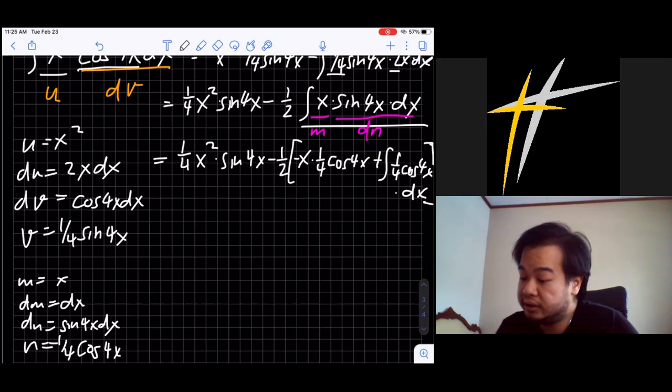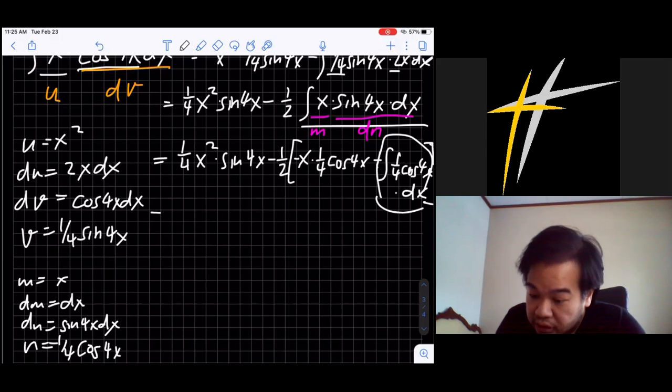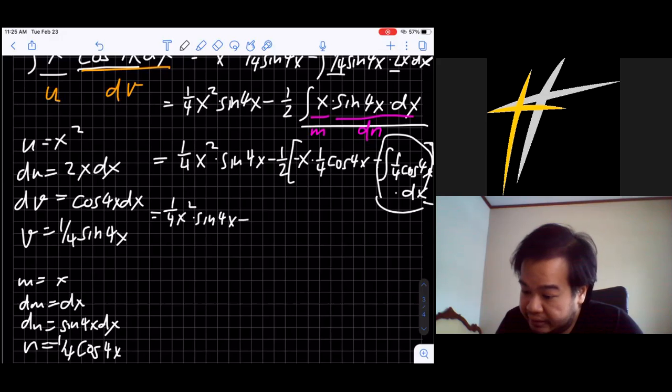And then this is just something that you can integrate simply, right? So let me write the answer: 1 over 4 x squared sine 4x plus 1 over 8 x cos 4x.